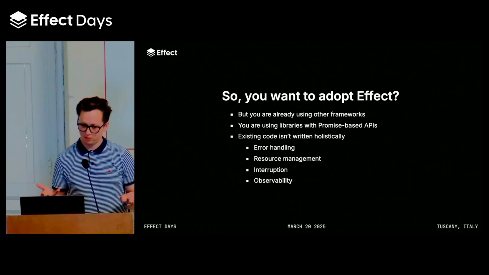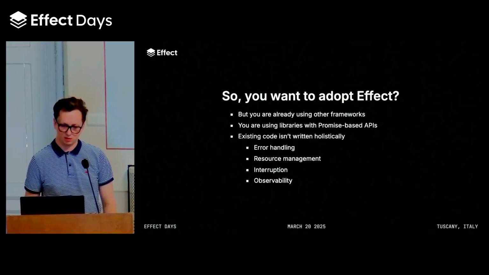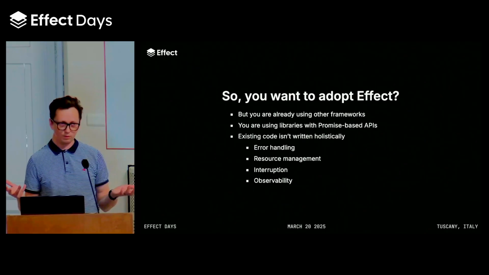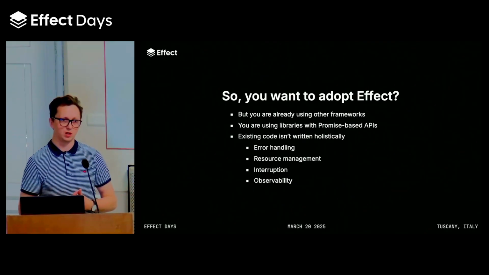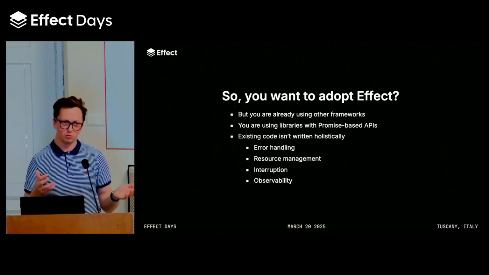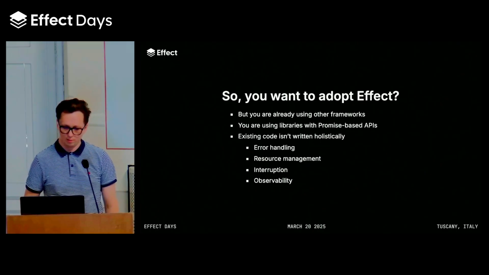But because Effect makes observability quite easy, it's now something that we should probably be considering when adopting Effect. So when I say holistically, we now have all these new concepts to think about to create applications that consider all the scenarios your application might encounter.